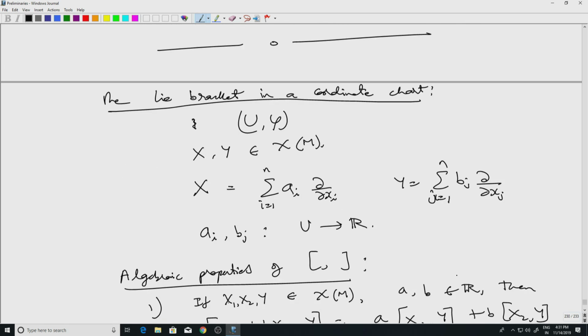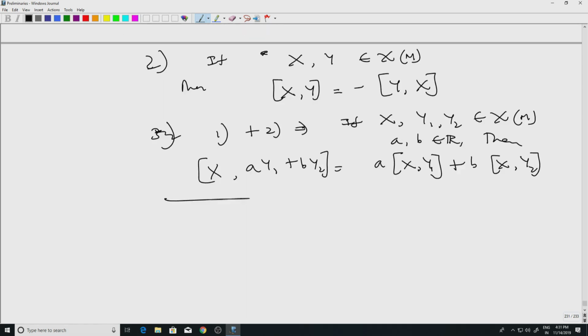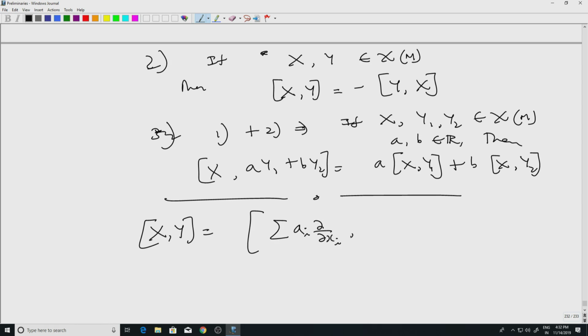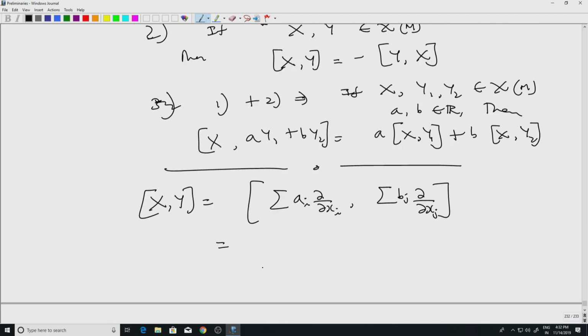Go back to this coordinate chart. In the coordinate chart, I can write this as the Lie bracket of the summation of ai del by del xi with the summation of bj del by del xj. Now I can use linearity: if I have a sum of two vector fields and keep the Y fixed, I have a splitting like this.